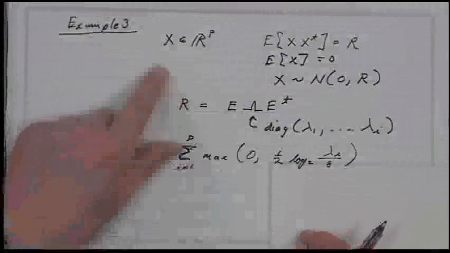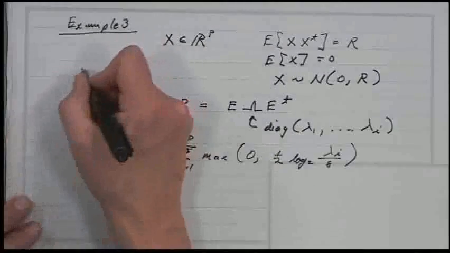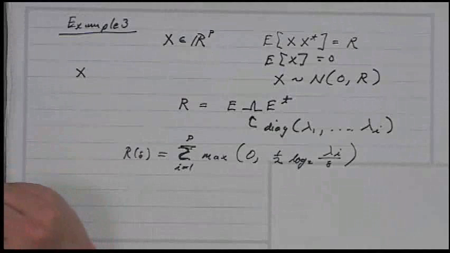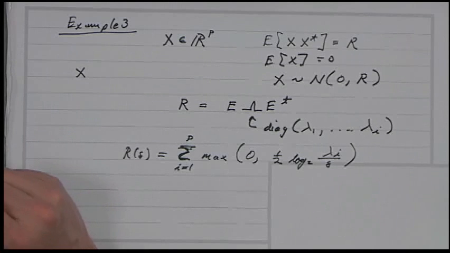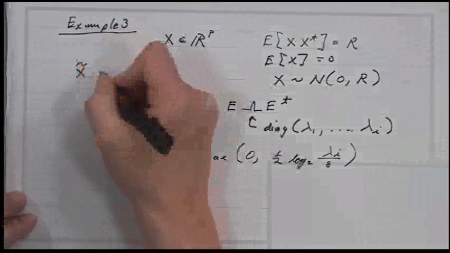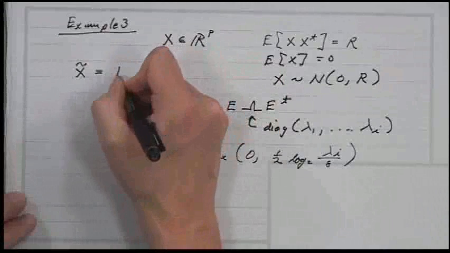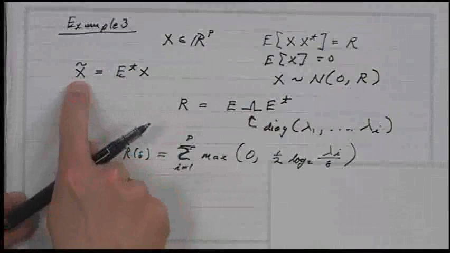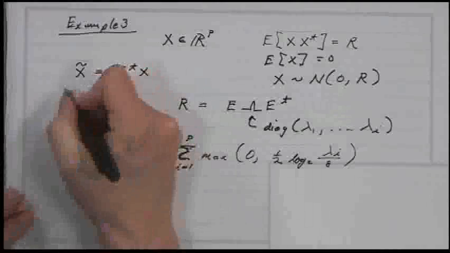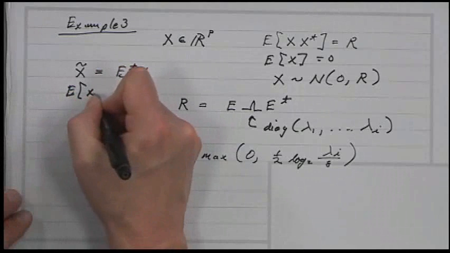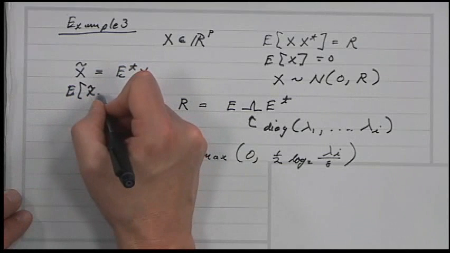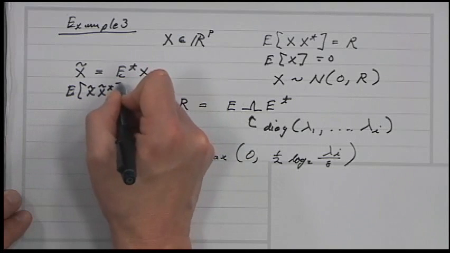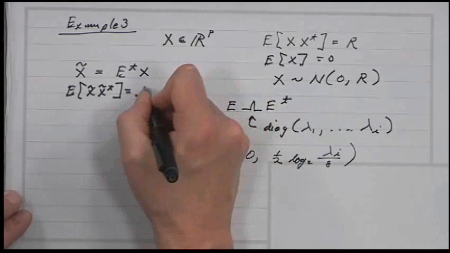But I can always do, this was exam question 2C or something like that, X tilde equal to E transpose X. This will be decorrelated, and in that case, the expected value of X tilde X tilde transpose will just be lambda.